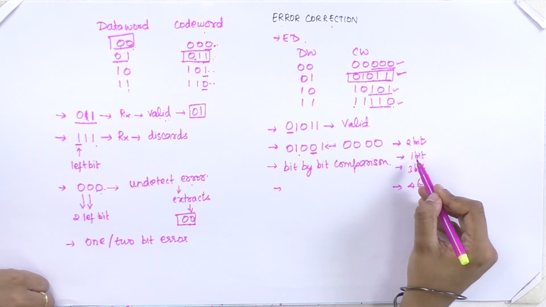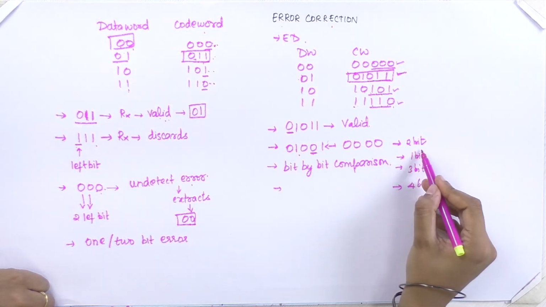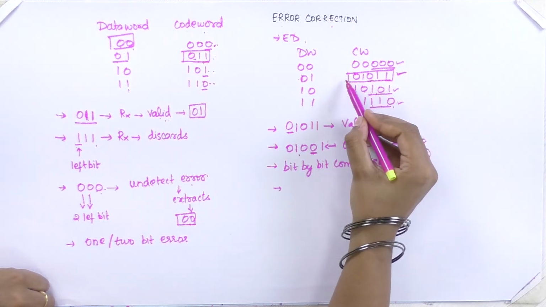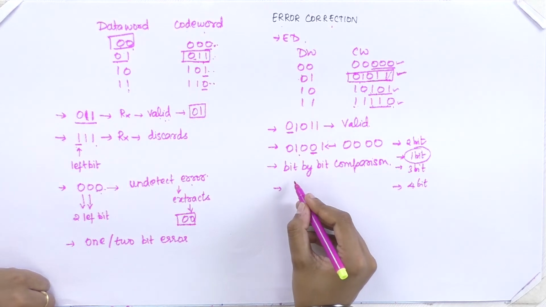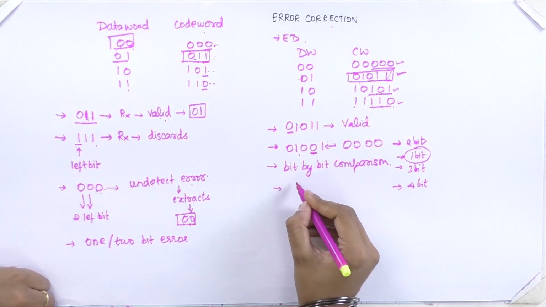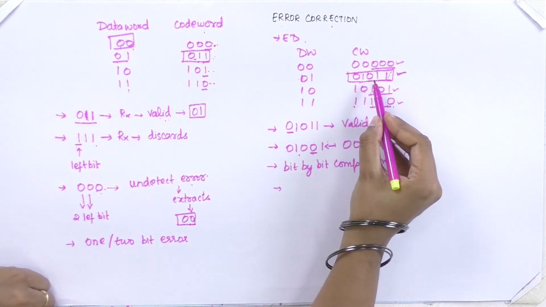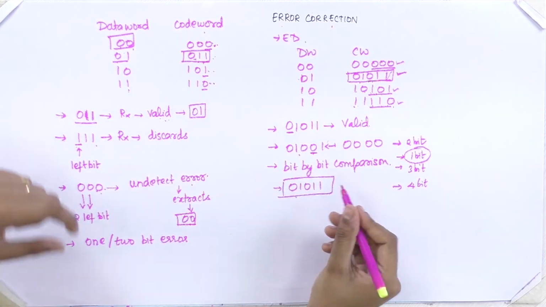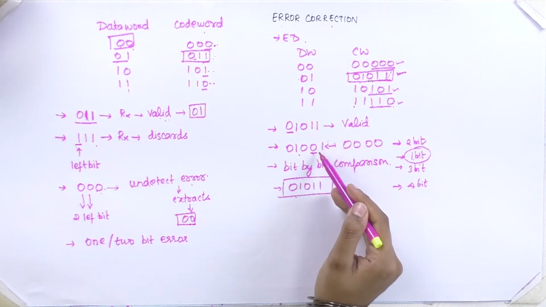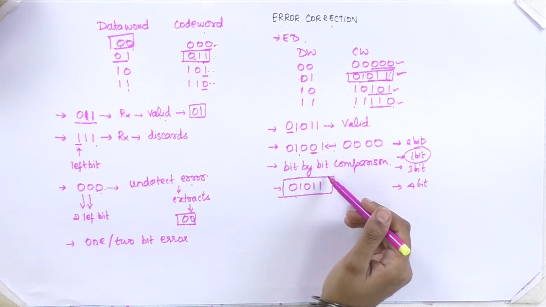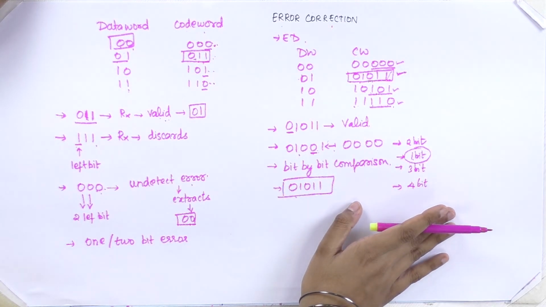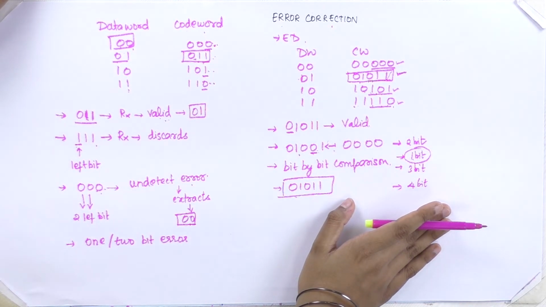So the receiver will identify that there is actually 1 bit corrupted and that it is close to this particular code word. Upon the comparison, he will tell that the actual code word to be received is this one. In this way, the receiver will identify as well as correct the errors. So this is how error correction happens in block code.